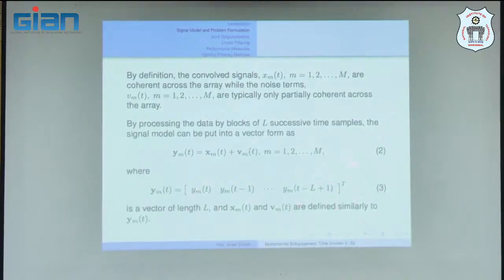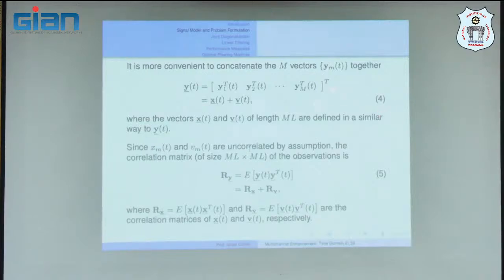So we have L noisy samples for each sensor, and then we concatenate them into a long vector of length ML. So y_t is defined as taking the L samples from each sensor and concatenating them into a vector of length ML.